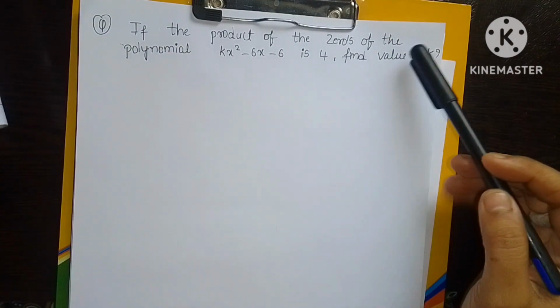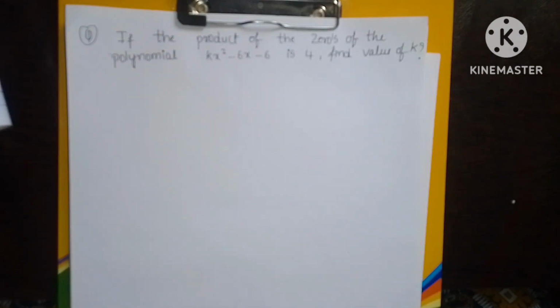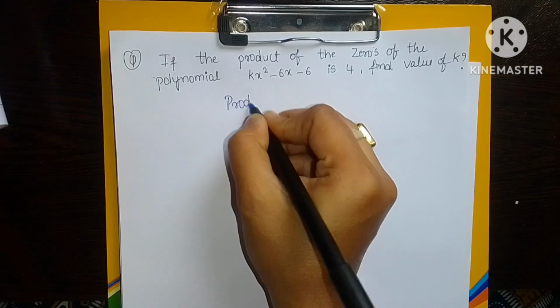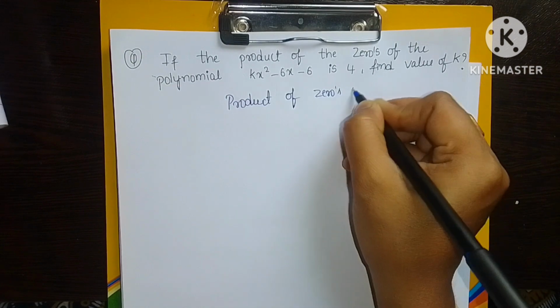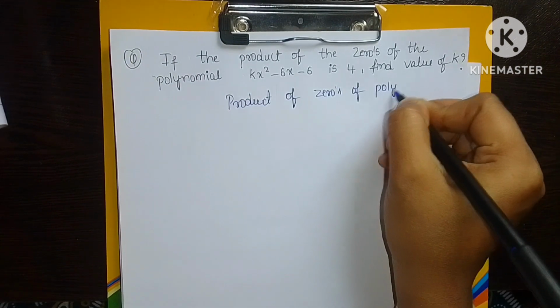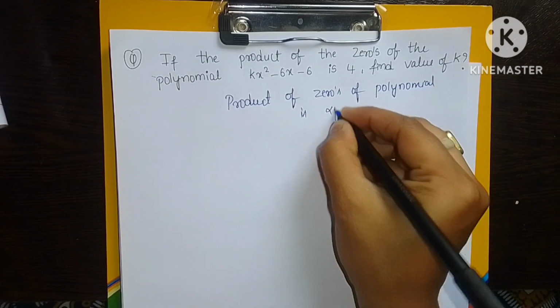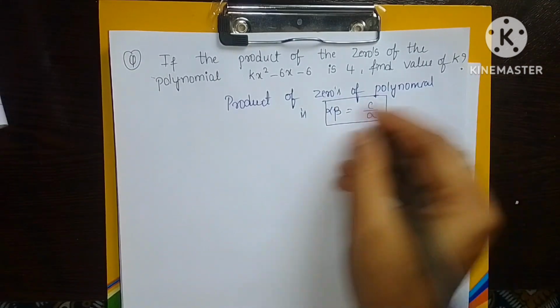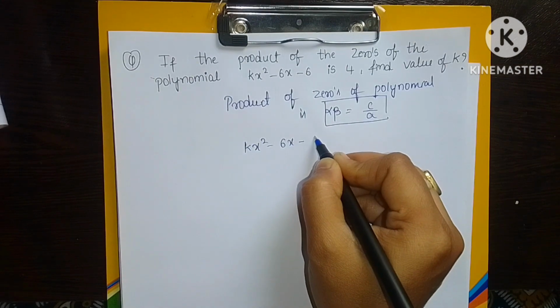If the product of the zeros of the polynomial kx square minus 6x minus 6 is 4, find the value of k. So we know that the product of zeros of the polynomial, alpha beta, is equal to c by a. This is the formula for the product of zeros. Here the given polynomial is kx square minus 6x minus 6.